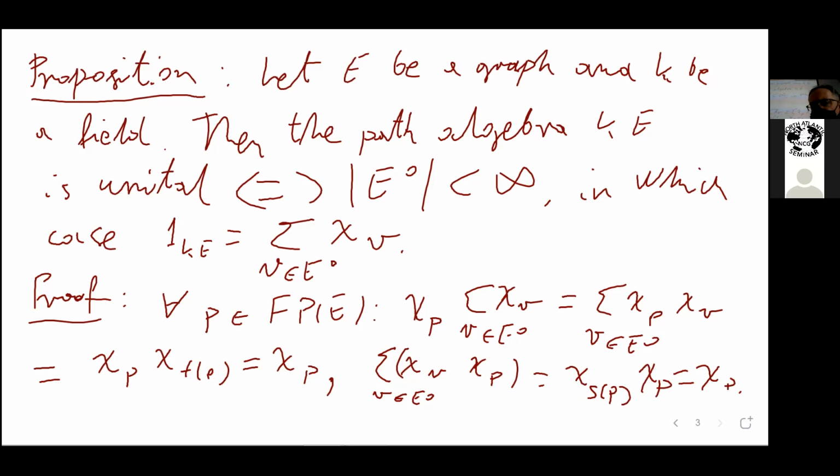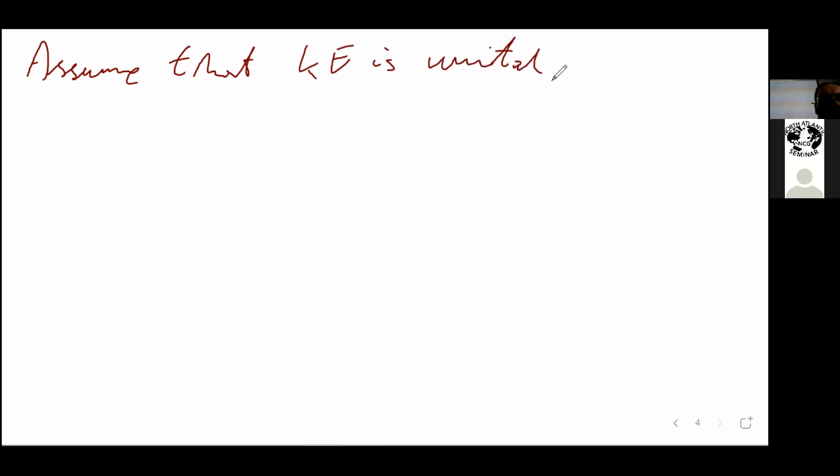And this argument, which was, remember, the only non-trivial part for a restricted semi-ring, is very much similar. So assume that KE is unital. Then I must be able to write it in terms of some basis elements.